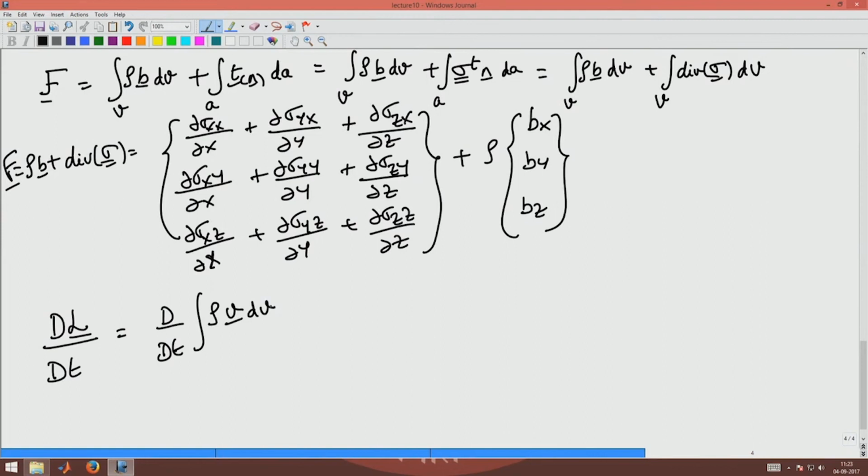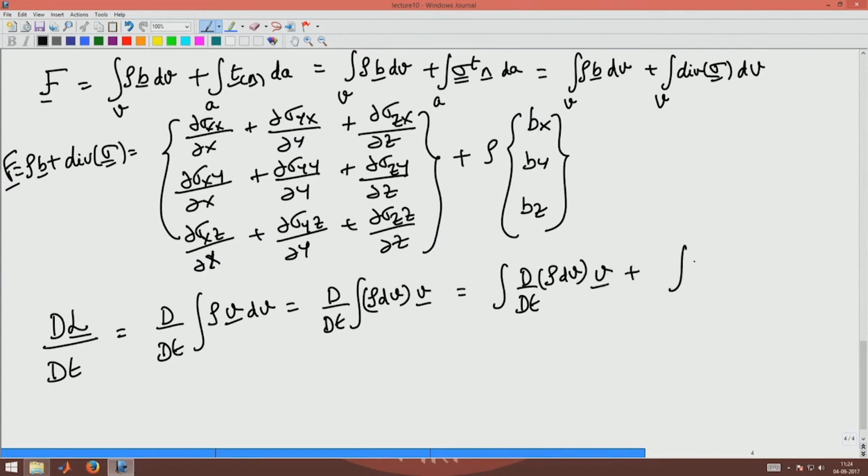We saw that rho dV is mass, so I can rewrite it as d by dt of rho dV times v plus integral rho dV times dv by dt.